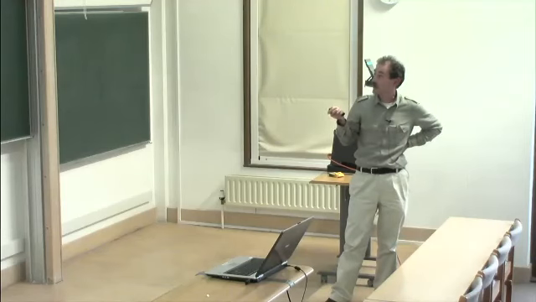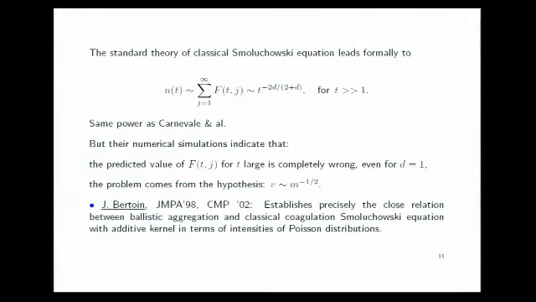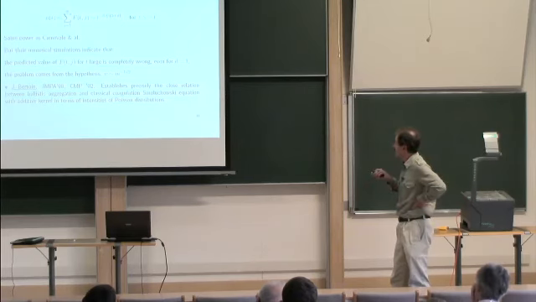Even in 1D, for example, for j equal to 1, the theory predicts exponential decay. And the numerics says that the monomers decay like 1 over t. That's the prediction given by the numerics. So there's a very, very strong divergence between the prediction of the classical Smoluchowski coagulation equation and the numerics done on the ballistic aggregation.